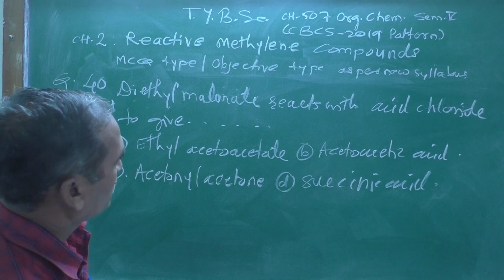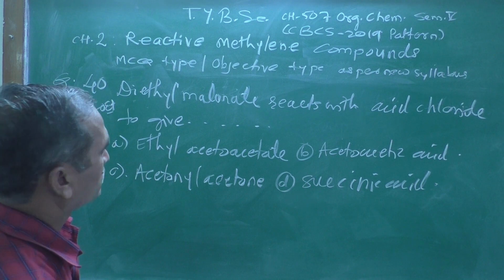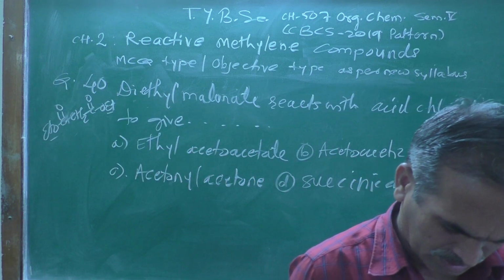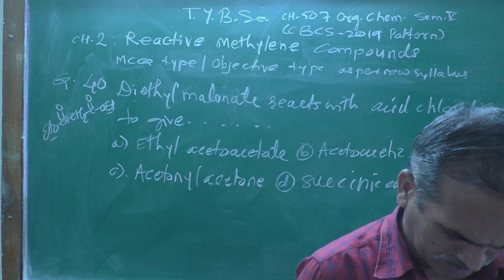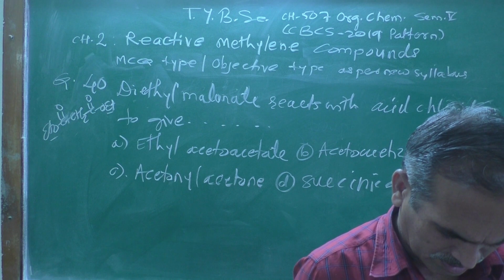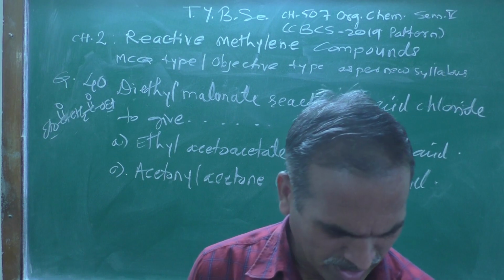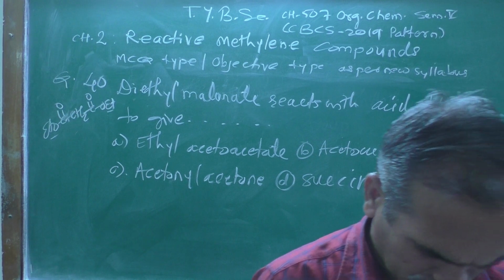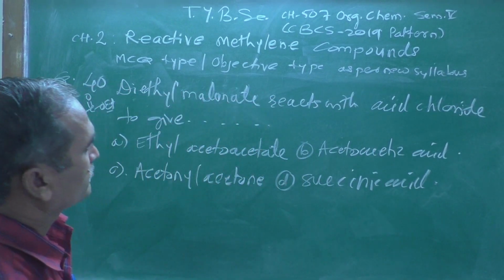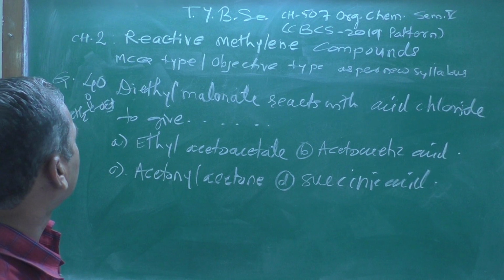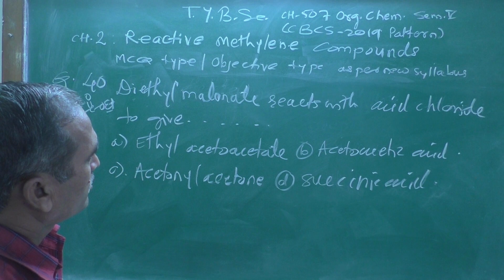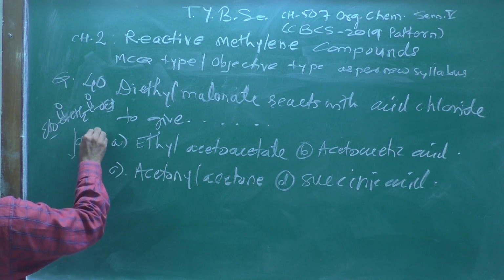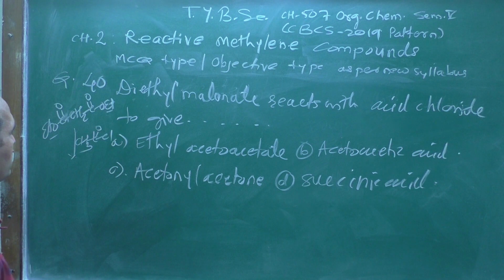When it reacts with acid chloride, the resulting compound obtained will be acetoacetic acid. As we know, the structure of acid chloride is CH3 C double bond O Cl.